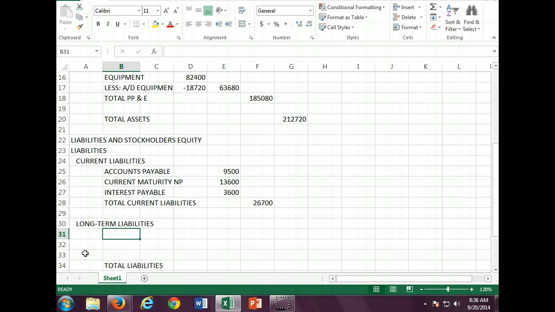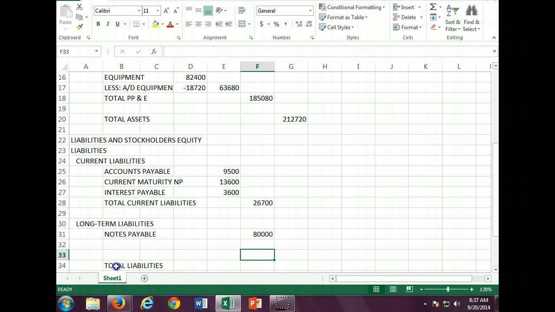Now let's talk about long-term liabilities. We only have one, notes payable. Notes payable is going to be 80. Now, how did you calculate that? 93.6 total minus the 13.6. Perfect. Yep. So we've got notes payable of 80. Then those are our long-term liabilities.